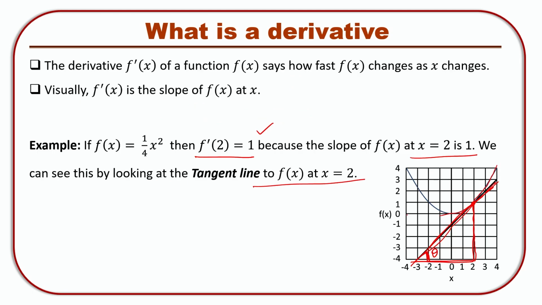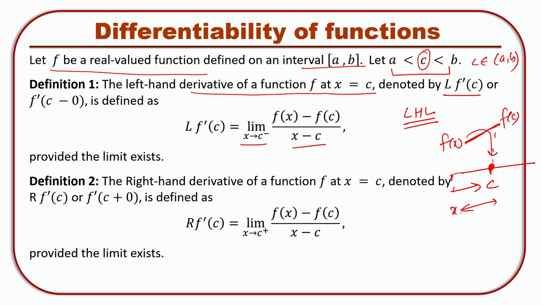So this is the ratio of the difference between the function values and the difference between the argument values, and taking the limit from the left hand side gives you the left hand derivative.